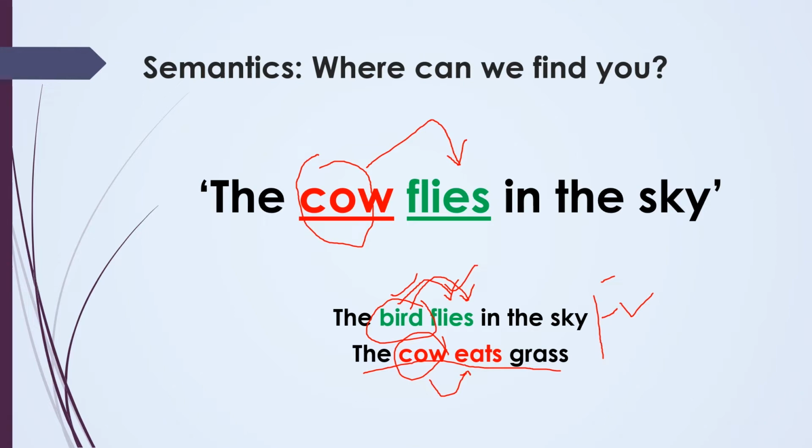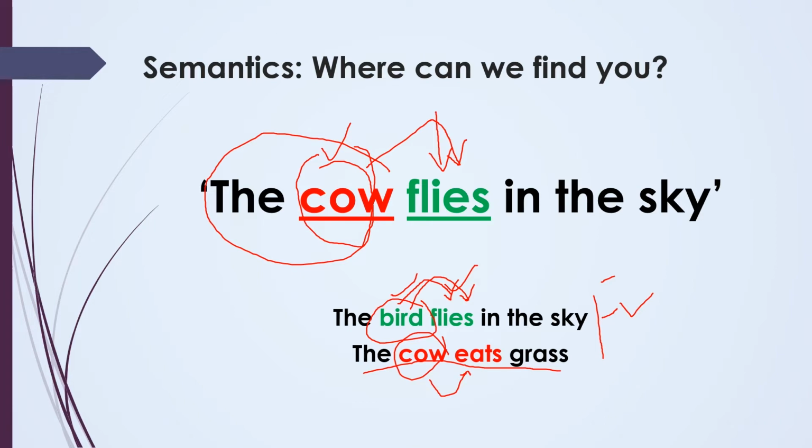And by referring to other senses, we mean whenever we are trying to identify the meaning of this particular noun, cow, with its animation, that means whether it can fly or not, we know that it cannot happen in real life.